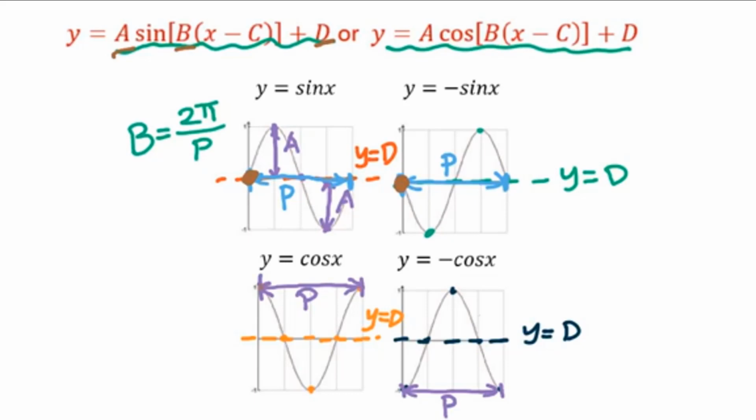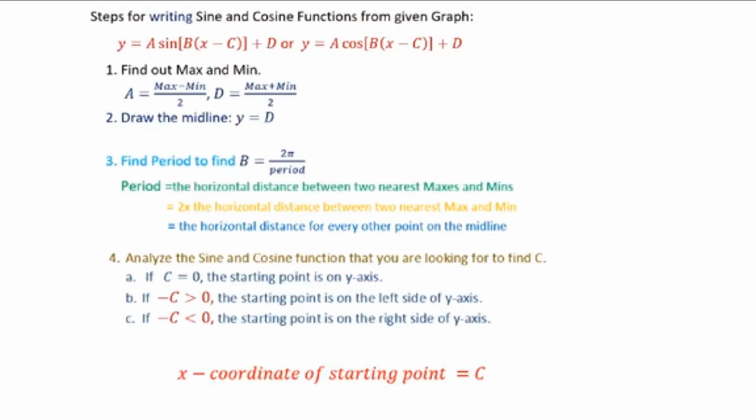For cosine x, definitely this is the starting point. For y equals negative cosine x, the minimum will be the starting point. The x coordinate of a starting point equals C.